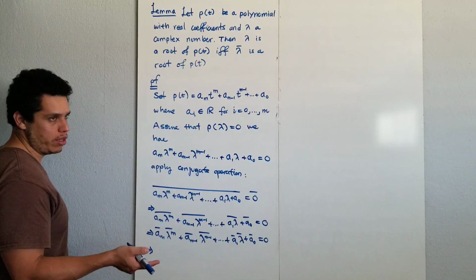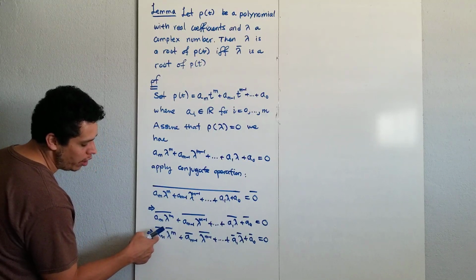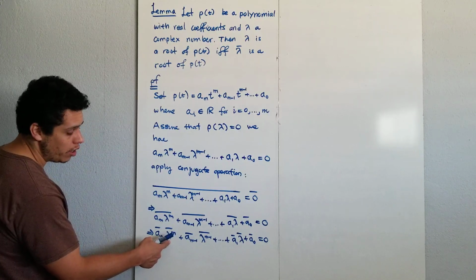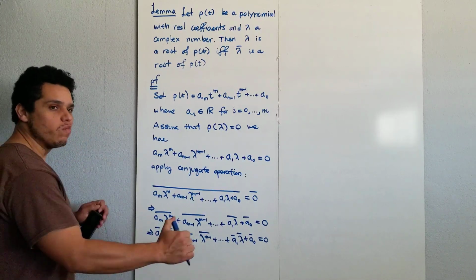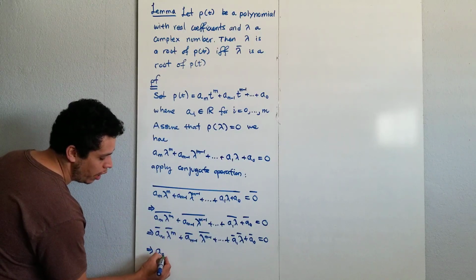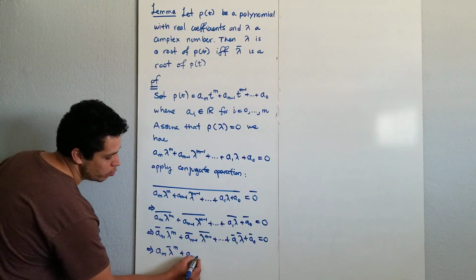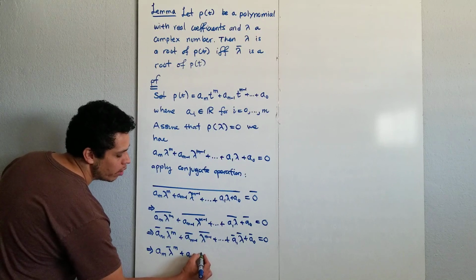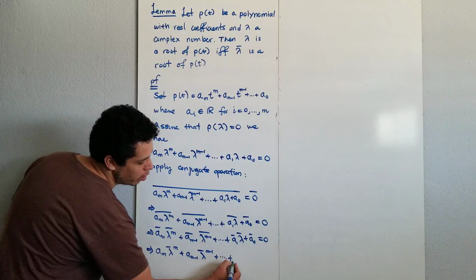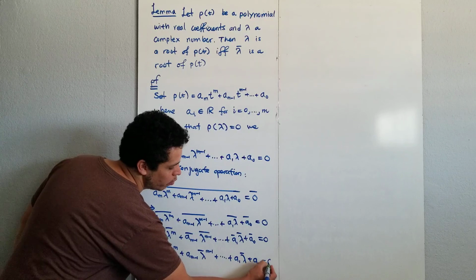Take, for example, 2. What is the conjugate of 2? It's 2. So each of the coefficients is just the a's. And for the lambda powers, I apply the same rule, that I can break the conjugate as a product, and it becomes a_m lambda conjugate to the m plus a_{m-1} lambda conjugate to the m minus 1 plus a_1 lambda conjugate plus a_0 equal to 0.